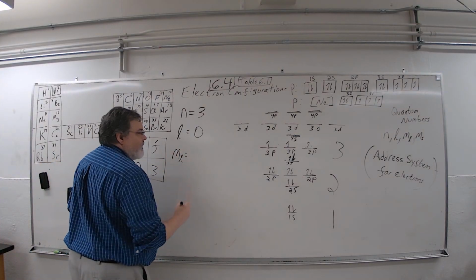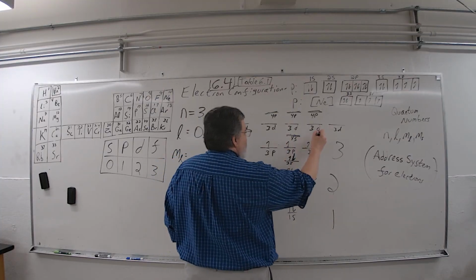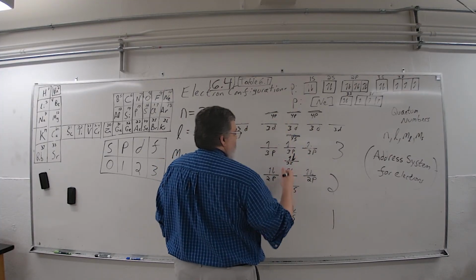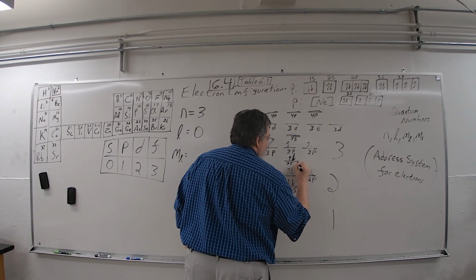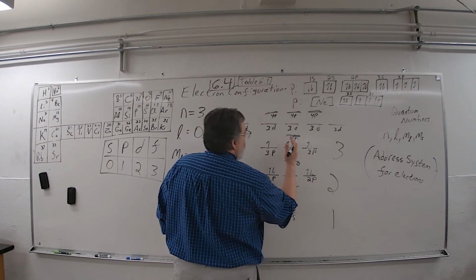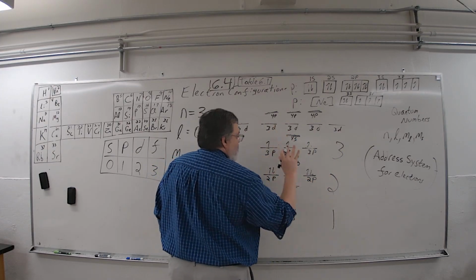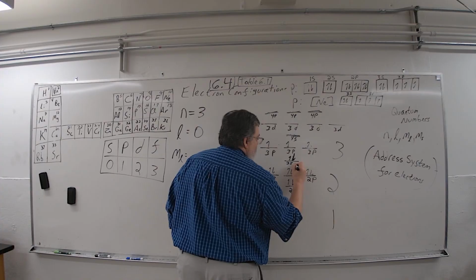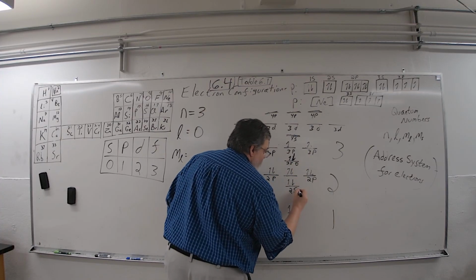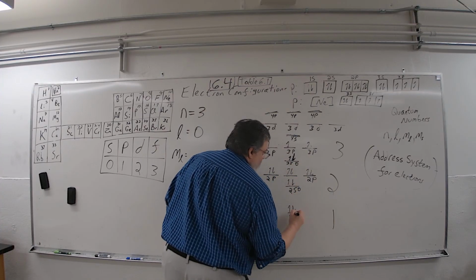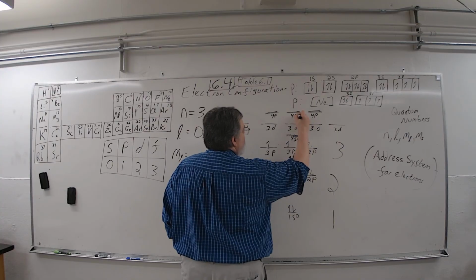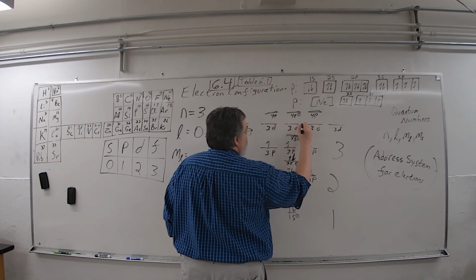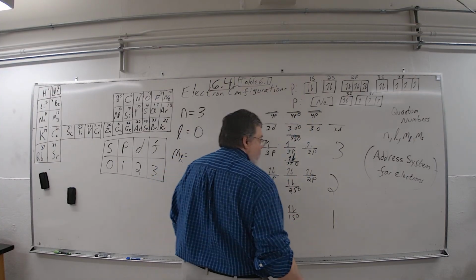The M sub L number is, you can take each one of these, and if you start in the middle, it's 0. So now I'm deciding, well, put it like this. For the S orbitals, right in the middle here, and for these, let me erase these.